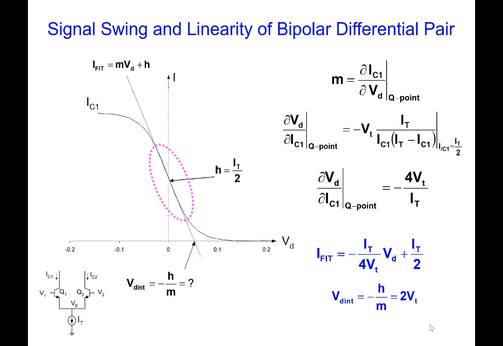We can't even get 50 millivolts, we get about half of that. So we get about a VT swing.